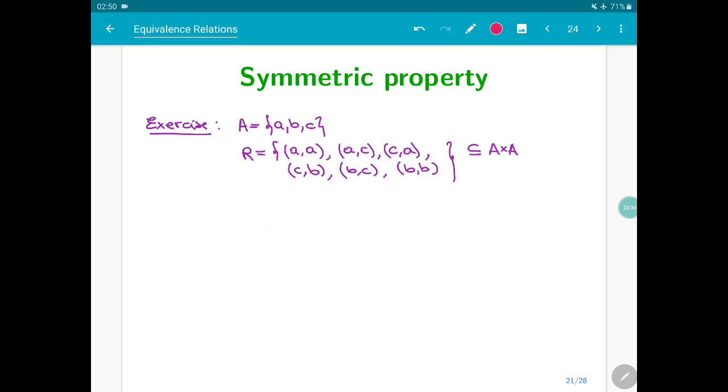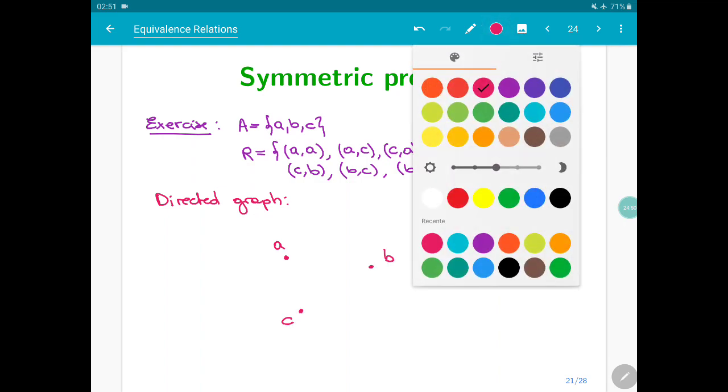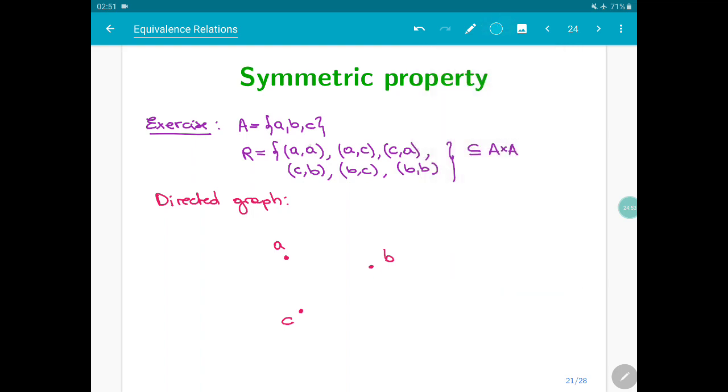Well, if I want to draw here the directed graph as before, okay, I have now 3 vertices, A, B, and C. AA becomes a loop. Then we have AC, which becomes an edge, and then CA, which becomes another edge, and then CB like this.